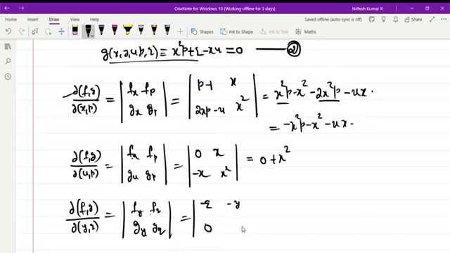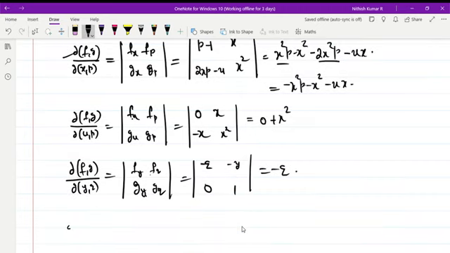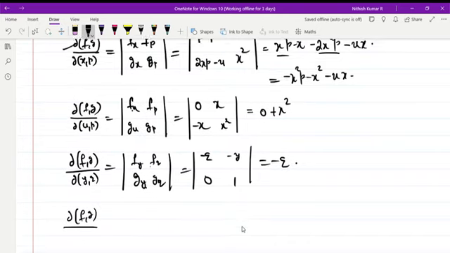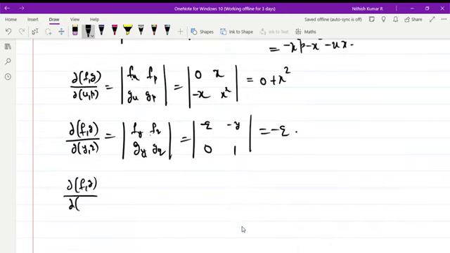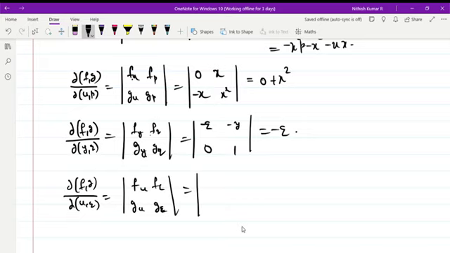Similarly, differentiation of f, g with respect to y, q: ∂(f,g)/∂(y,q) is the determinant of f_y, f_q, g_y, g_q. Now the derivative of f with respect to y is minus q, and with respect to q it is minus y.